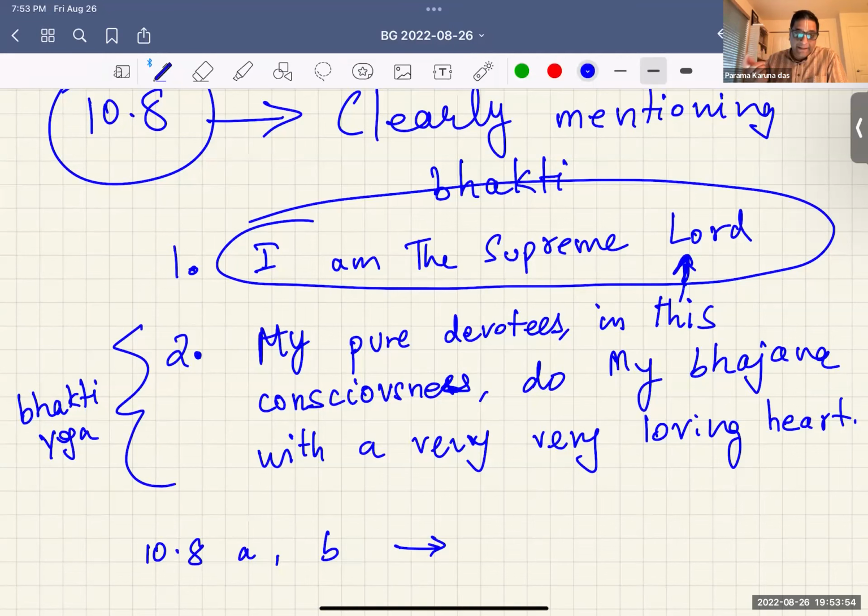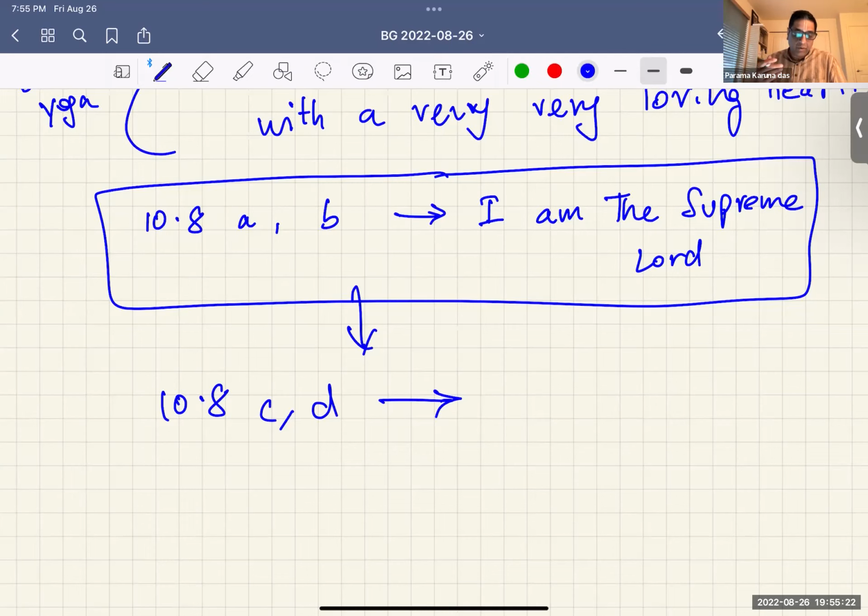Then 10.8c and d. What that is saying is, how do my devotees approach me? What do my devotees do to know me, to come closer to me? To know Krishna, you have to come closer to Krishna.